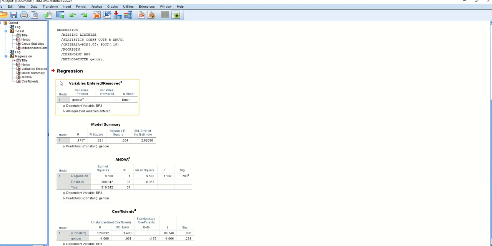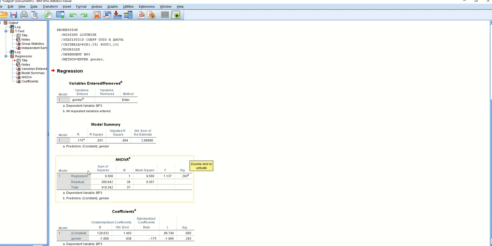So you're going to get the first table specifying that your independent variable is gender and your dependent variable is B3. You'll get the correlation table, and the model summary with an R of 0.175 and R square of 0.031. That means only 3% of the changes in beta 3 is attributable to gender. You can expect that this is not going to be statistically significant.